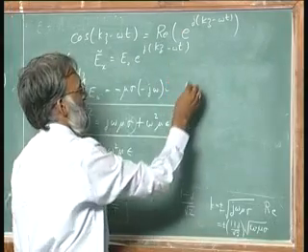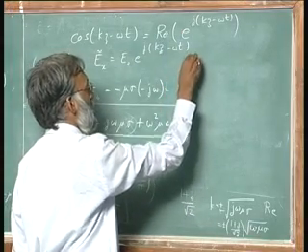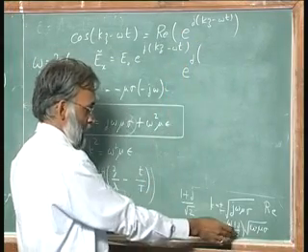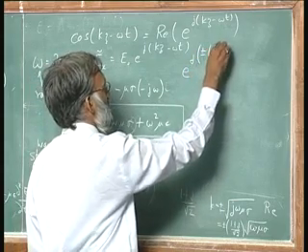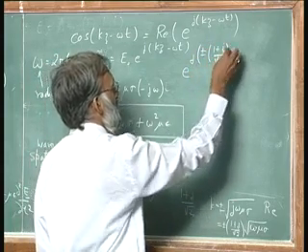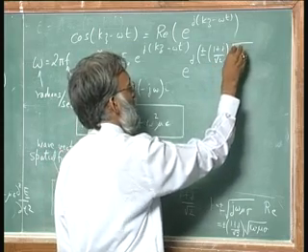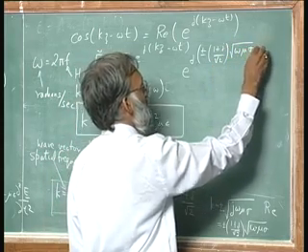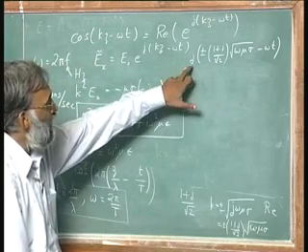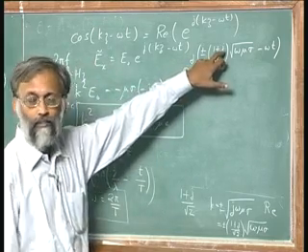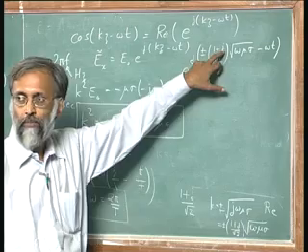This is the wave. So, I have got e to the j times this k, plus or minus 1 plus j over root 2 times square root of omega mu sigma, minus omega t. Now, you can see there is a j here and there is a j here, and j squared is minus 1.